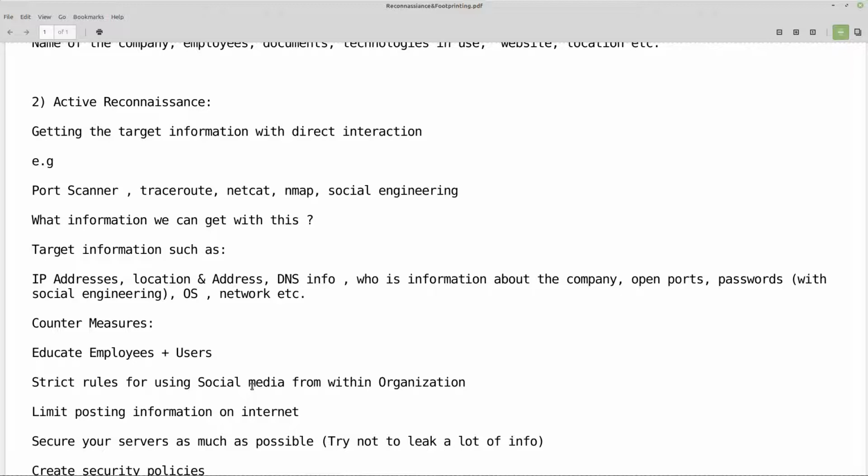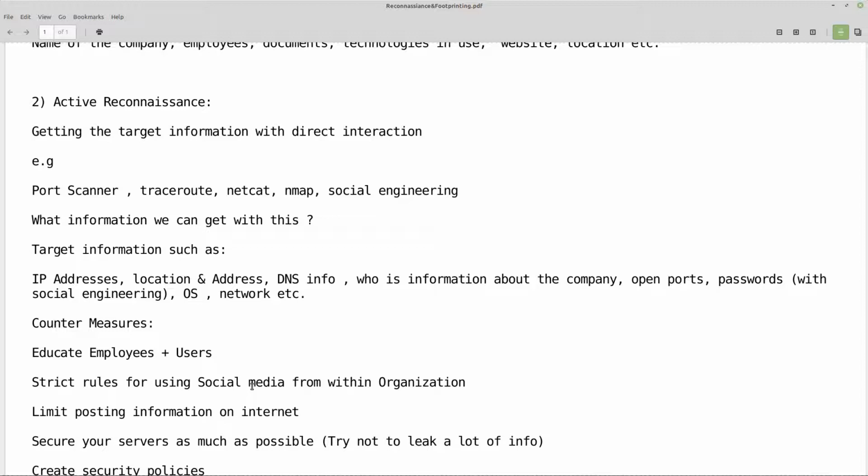The information we can get from active reconnaissance is IP addresses, location and address, DNS information, Whois information about the company, open ports, and passwords with social engineering.